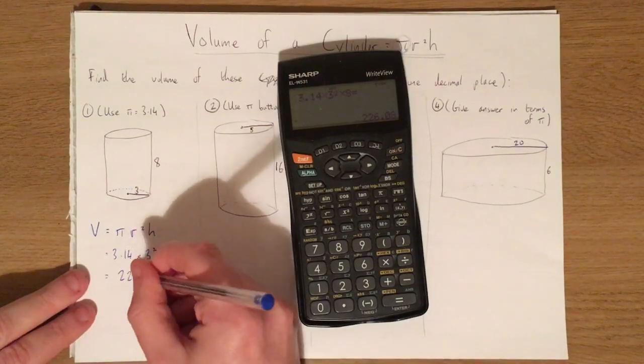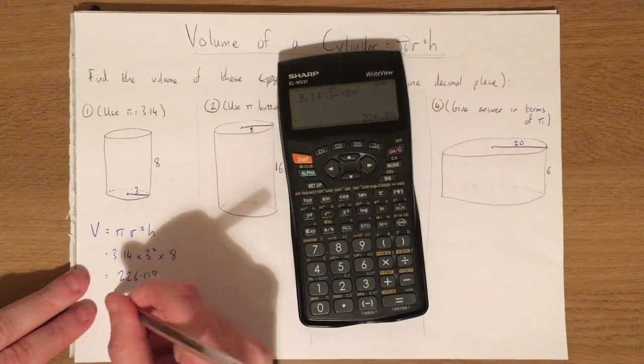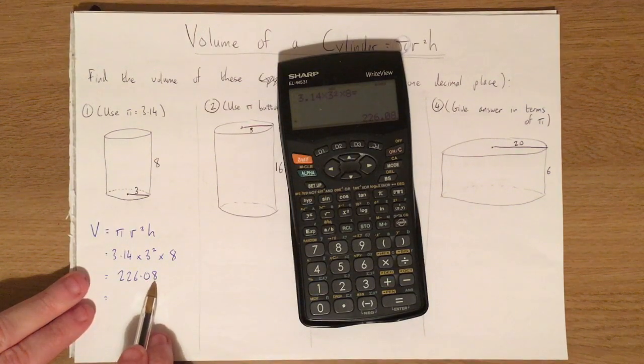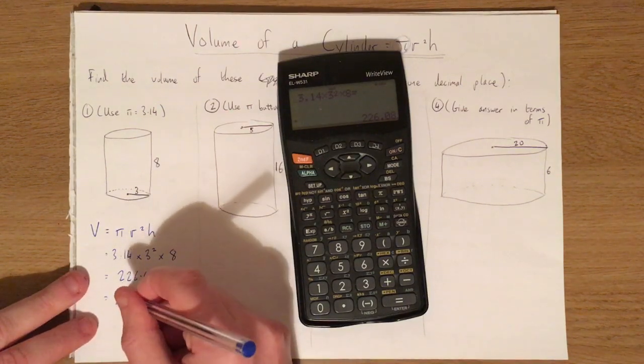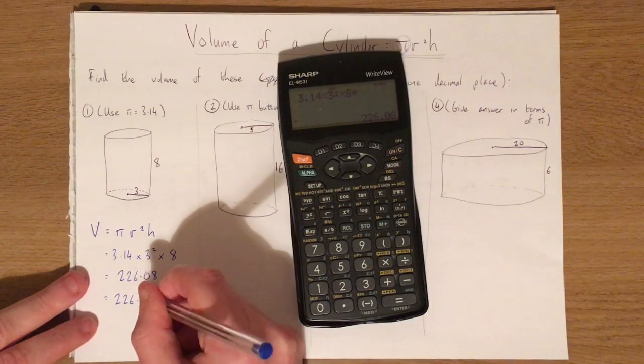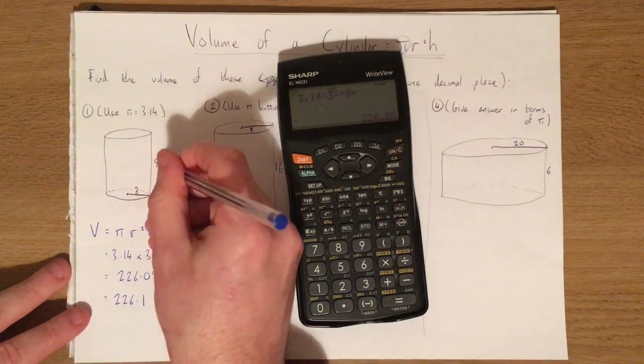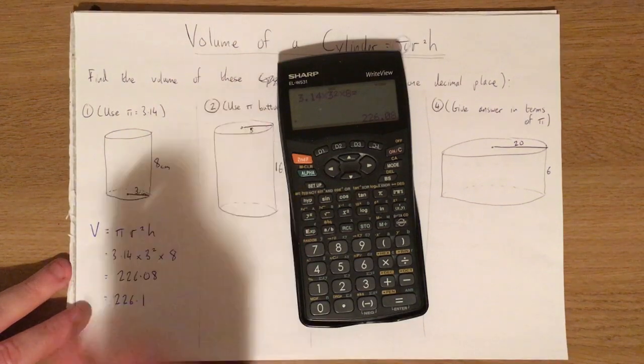So let's just write that first. To 1 decimal place, so I'm rounding it off to 1 decimal place. After that 1 decimal place is 8. 8 tells you to round up. So your answer is going to be 226.1. I haven't marked it in here, but let's just say these are all in centimeters.